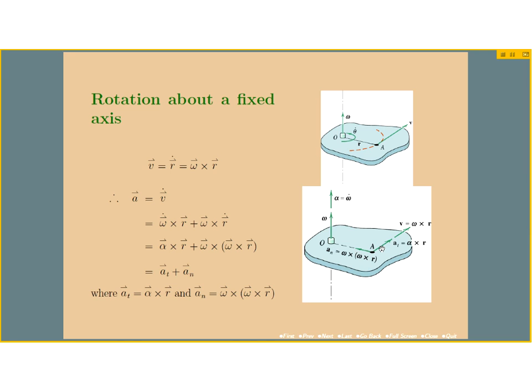And so, using the right-hand rule, we see that the direction of the resulting vector is from point A towards the center of rotation. Hence, this acceleration component is called the normal acceleration component because it's normal to the circular trajectory of point A at that instant. This also clearly shows that the normal acceleration component and the tangential acceleration component are normal to one another.